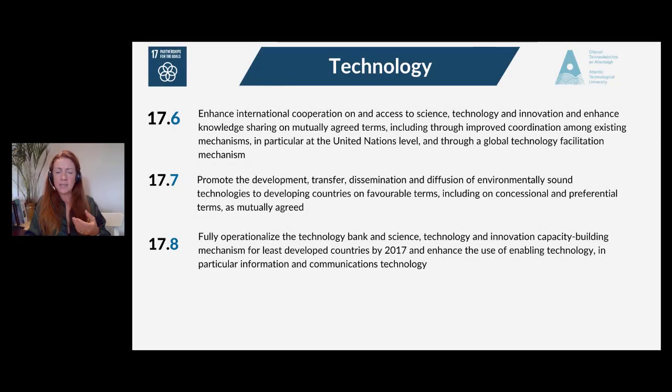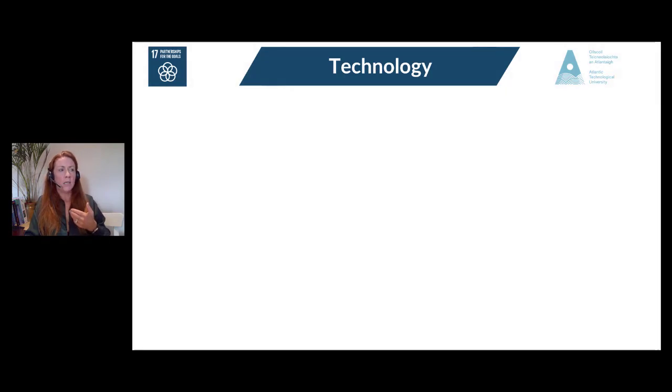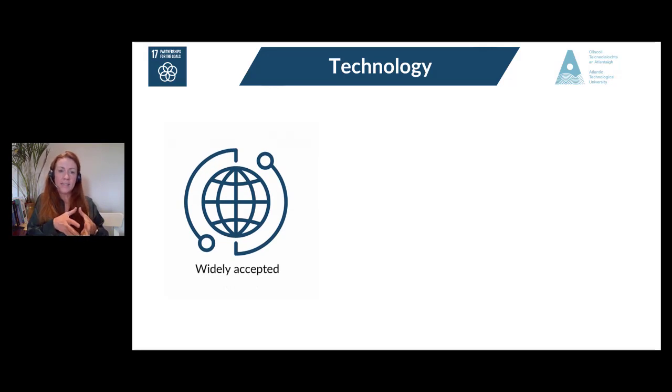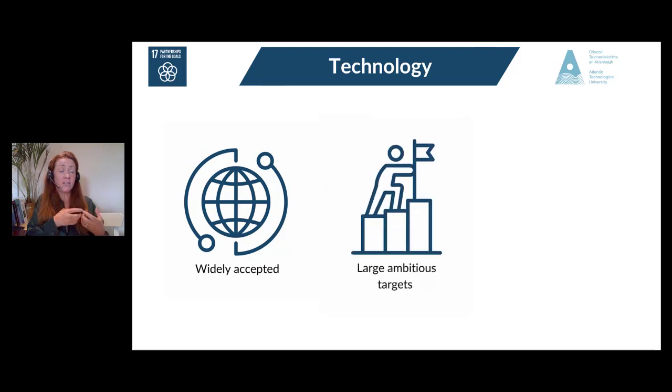The next thematic area that has been identified for Goal 17 is technology. And there are 3 indicators mapped onto the theme of technology. In terms of why technology, I suppose it's widely accepted, and we continue to emphasize, that the UN Sustainable Development Goals are very large, very ambitious targets, and they cannot be achieved in isolation.